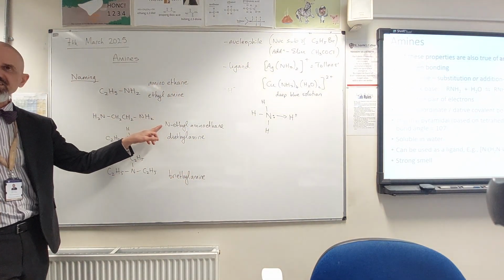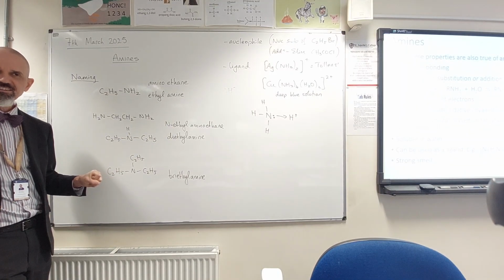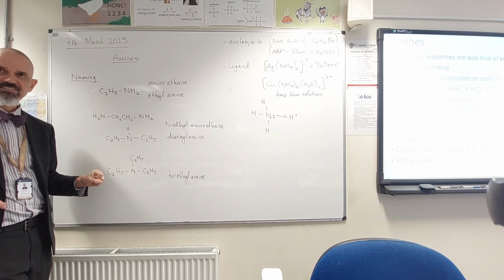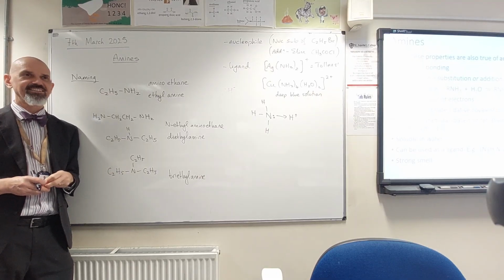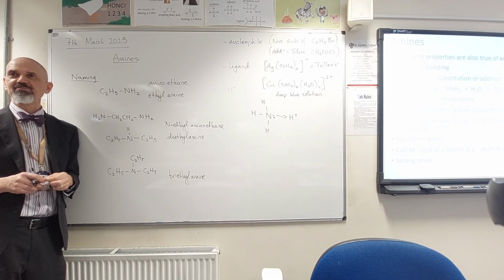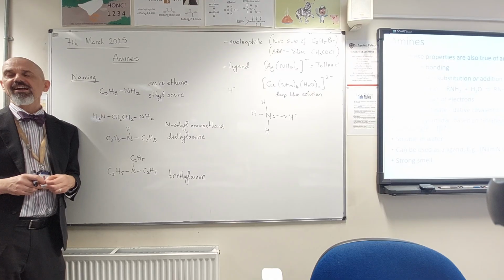If we want to go for the other naming system, we'd have to call it... anyone? Come on, Ben. Have a go. How many extra ethyl groups have you got?